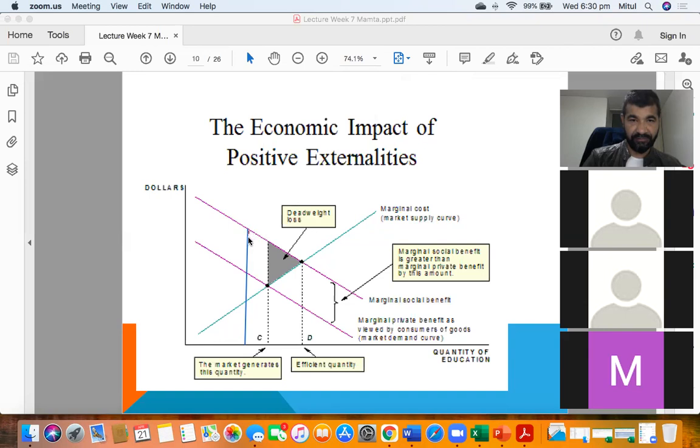Look, from here to here, then from here to here, then from here to here. See, monopoly will have bigger deadweight loss.